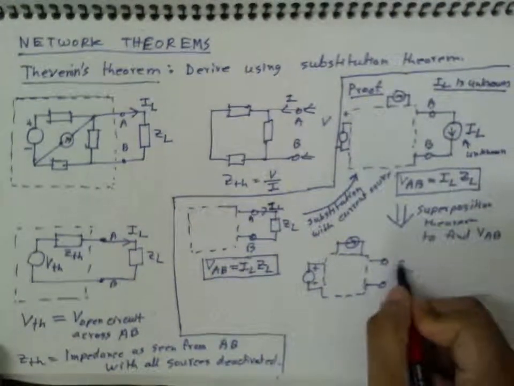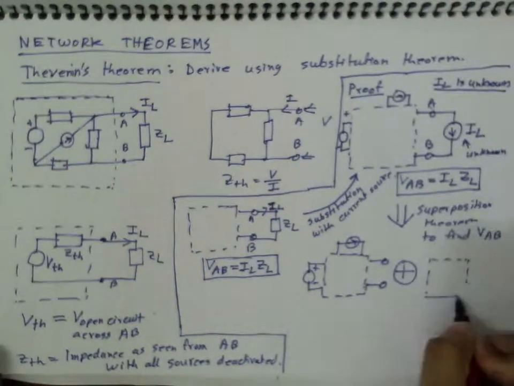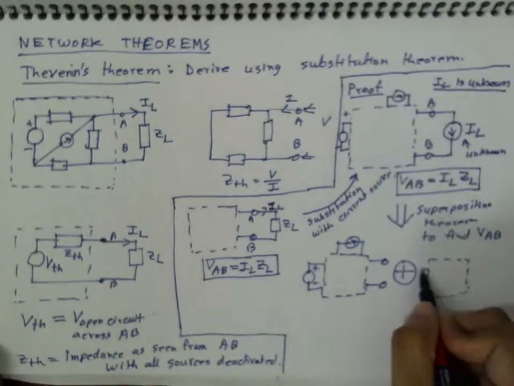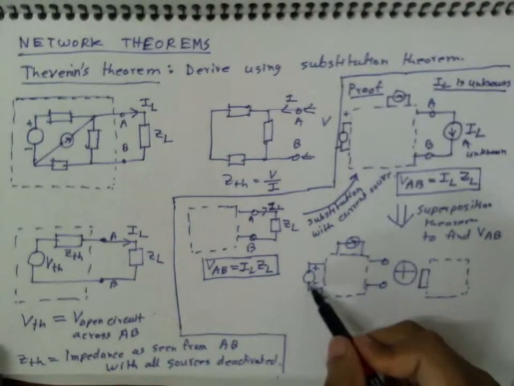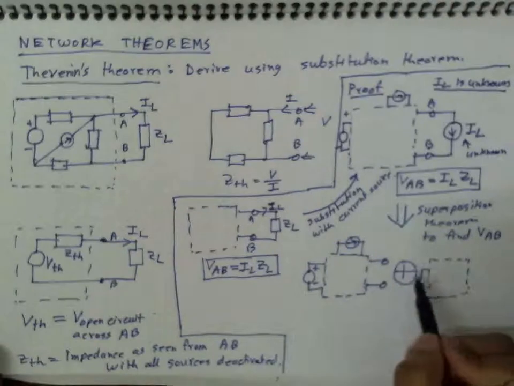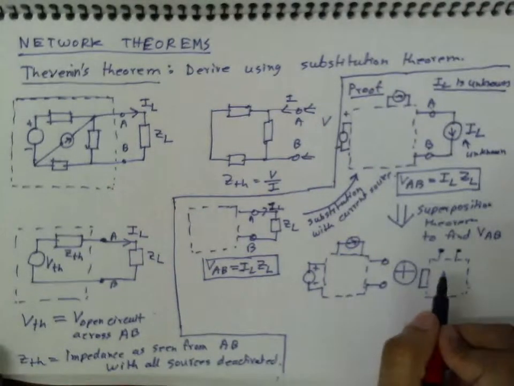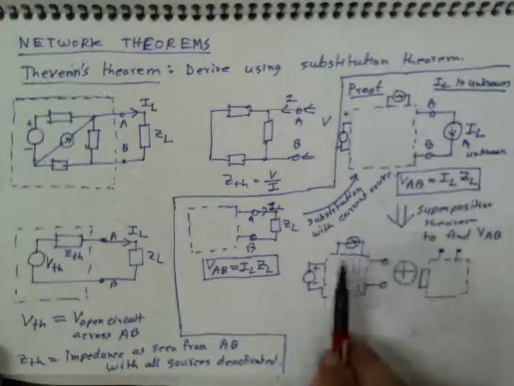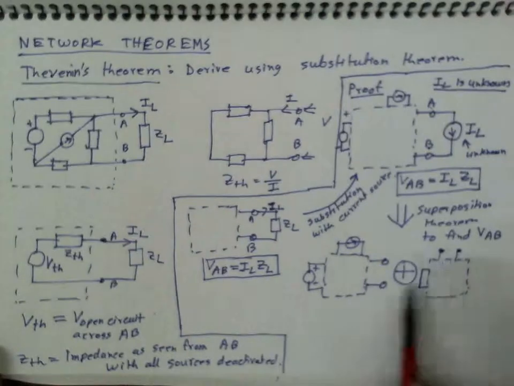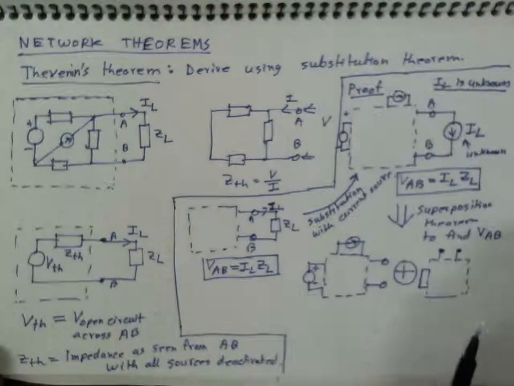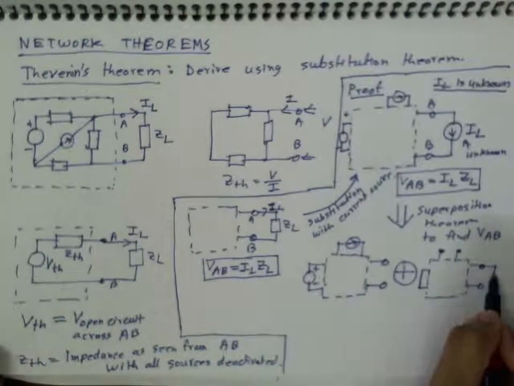Plus another circuit where we short circuit the voltage sources to deactivate them. So we are deactivating the internal sources, open circuiting the current sources, basically replacing current sources by infinite impedance and voltage sources by zero impedance, and here I keep the external one on.